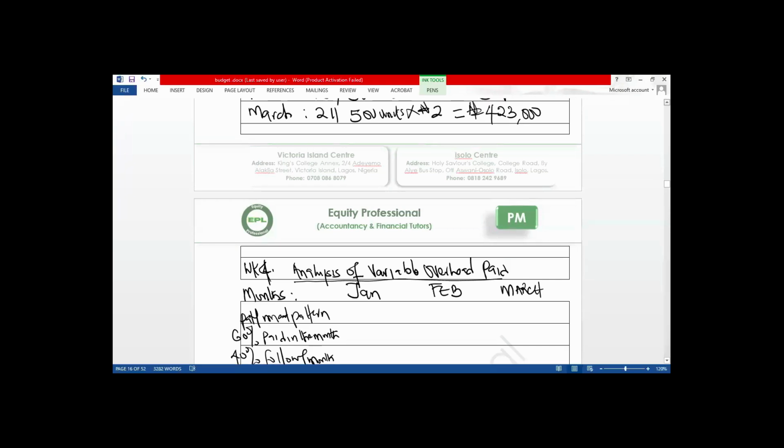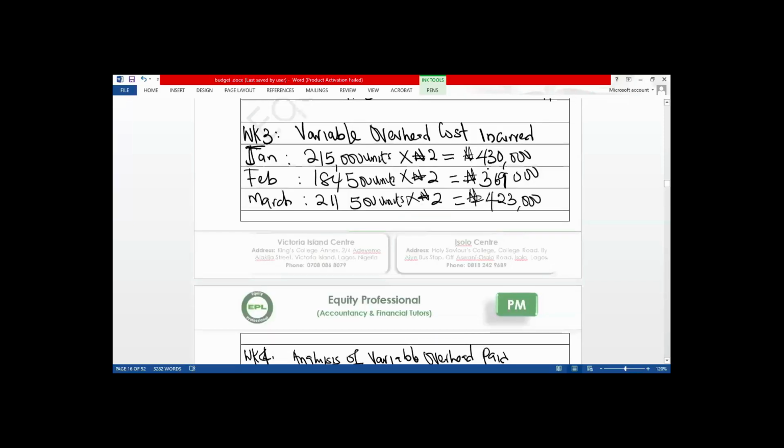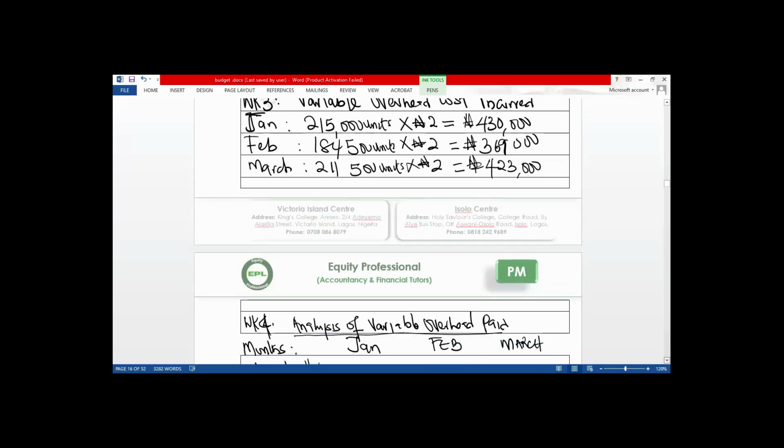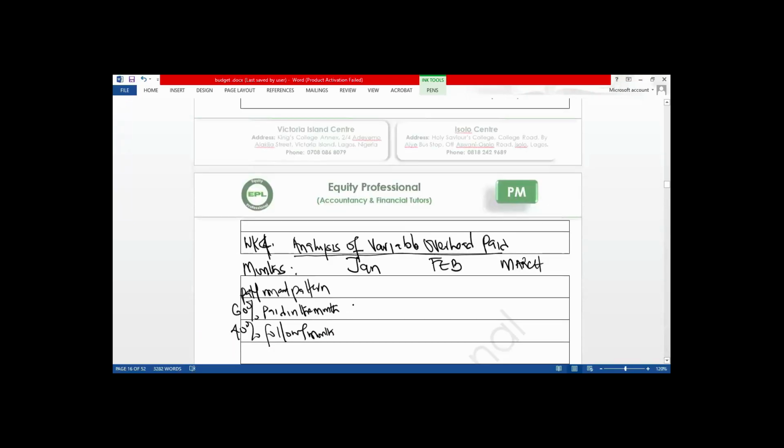Now let's go to this quickly. Month of January, we incurred 430,000. 60% will be paid in January, 40% to be paid following month. Please compute 60% of 430,000: 258,000. This will be paid in the month of January. 40% to be paid following month.